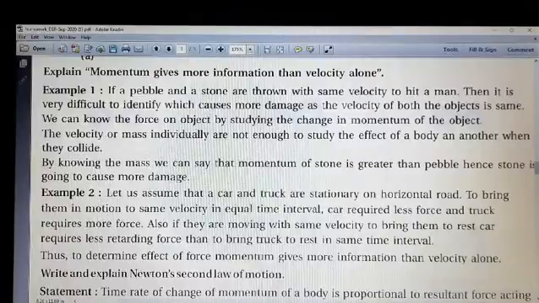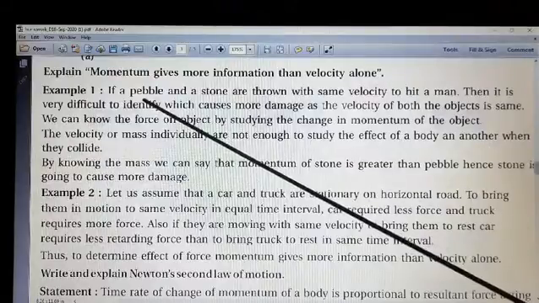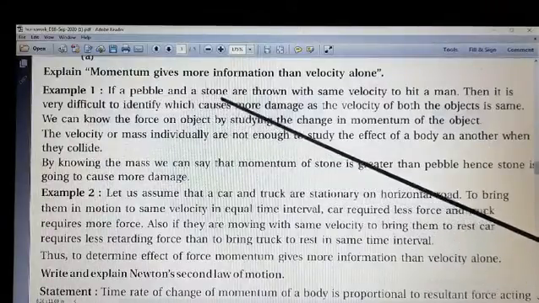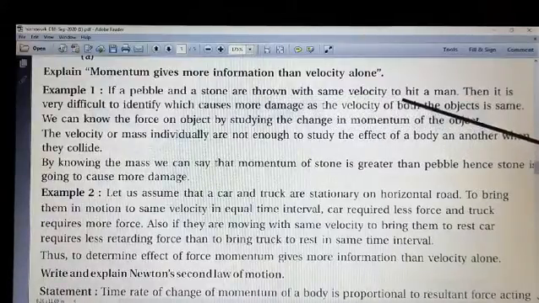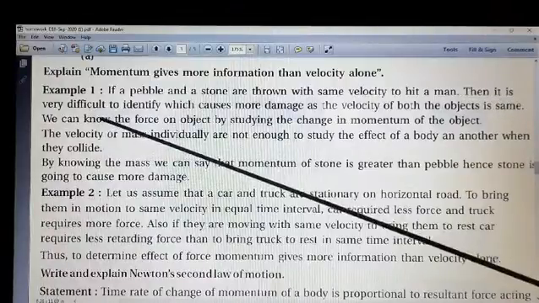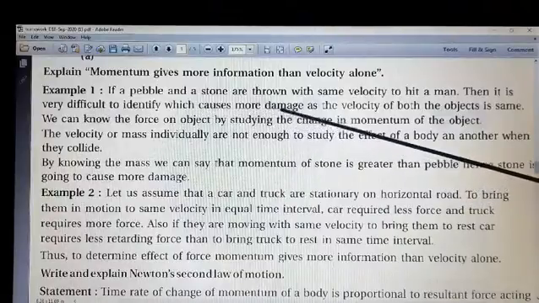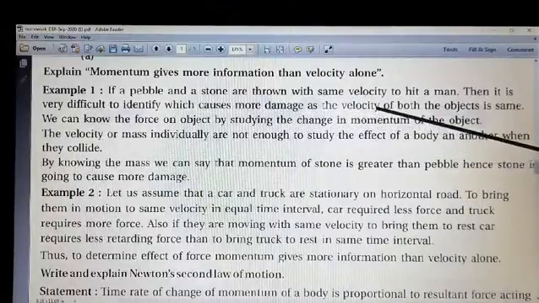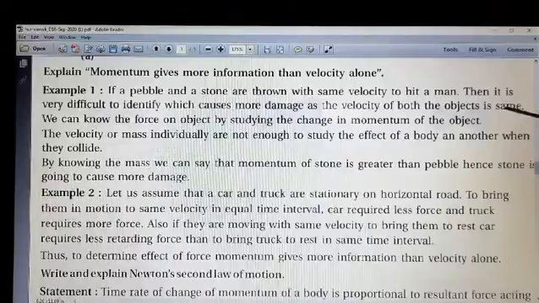We understand with two examples. Example number one: if a pebble and a stone are thrown with some velocity to hit a man, it is very difficult to identify which causes more damage, as the velocity of both is the same.